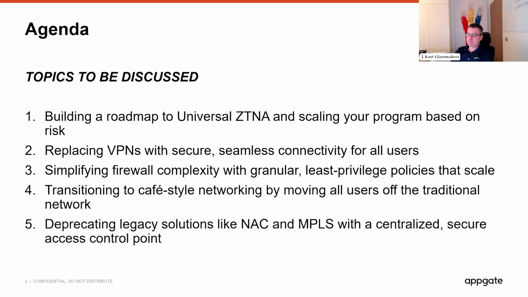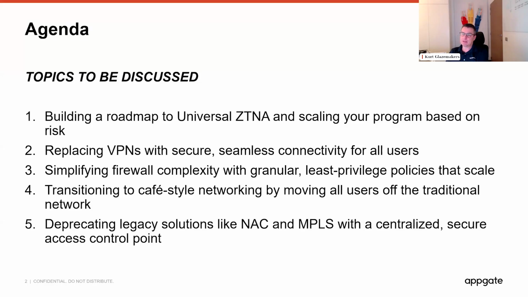And then we start transforming your network into a cafe-style network by taking almost every user outside the corporate network and having a software-driven aspect there to move them onto the network after doing all of the necessary checks and identification.